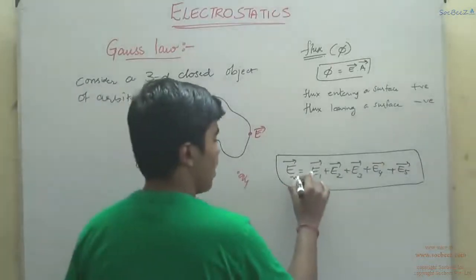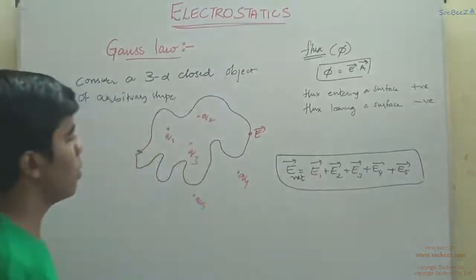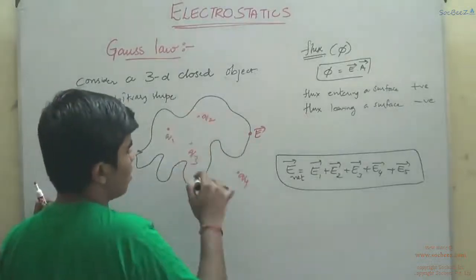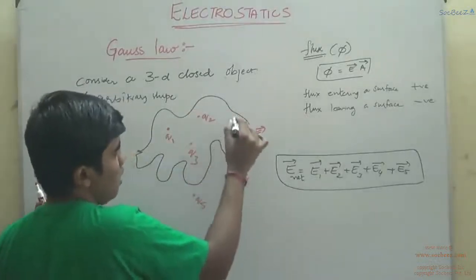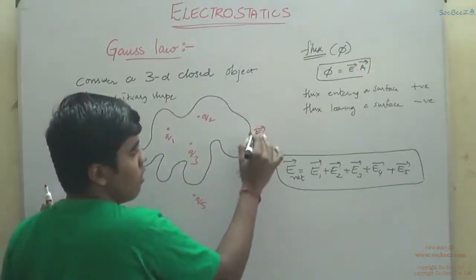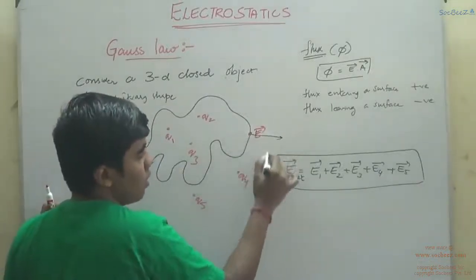And we call it E net. Now, let us try to calculate the flux through this surface. See, this is a 3D surface, and we are having area vector this way.